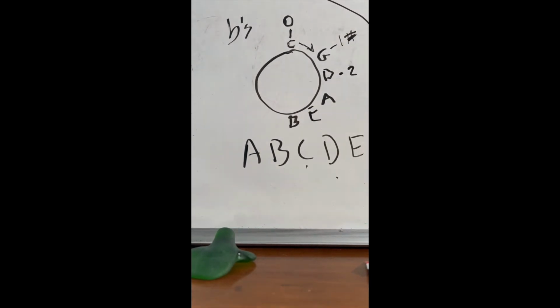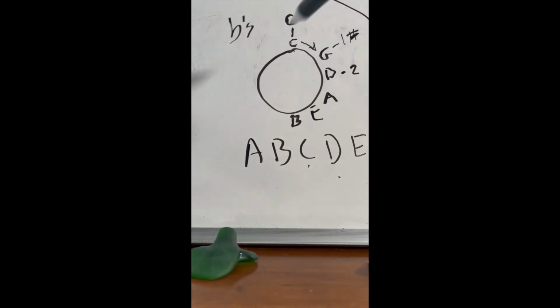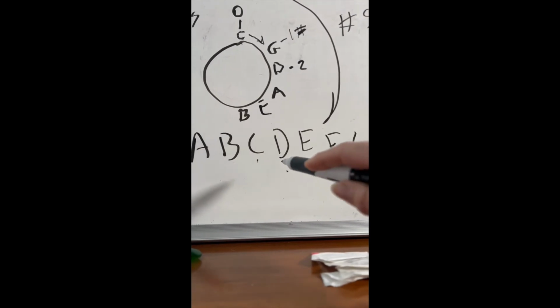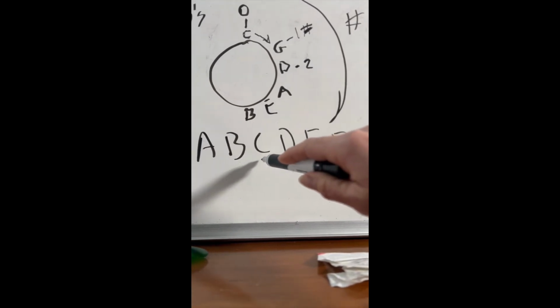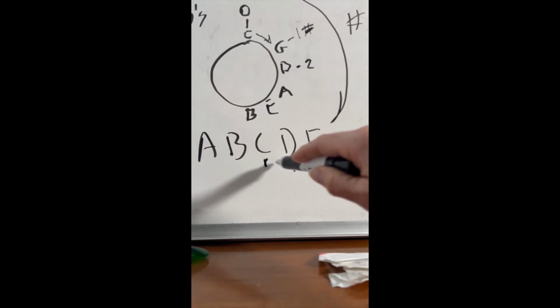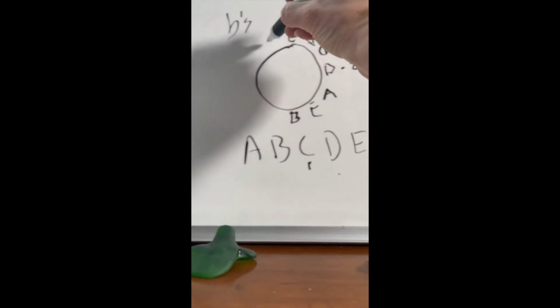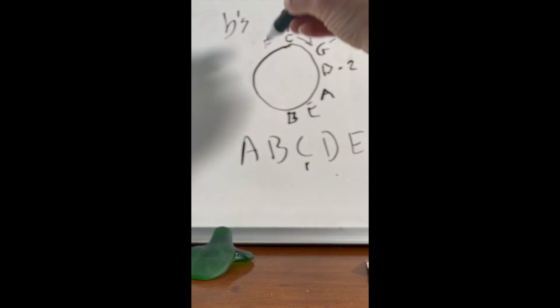So instead of moving in the direction of an interval of a fifth, we're now going to move in the direction of the interval of a fourth. So if we think about this, here's my musical alphabet, and I want to go in fourths, and I go from C, C is 1, 2, 3, 4. F would be my next one.